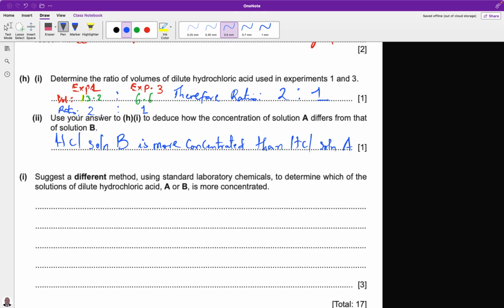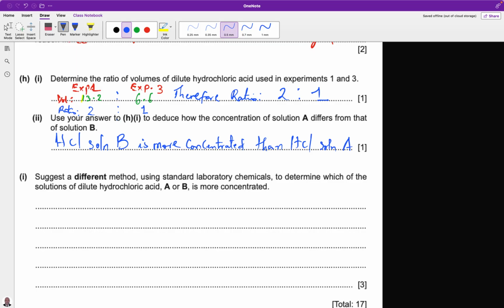The same way, if you look at the ratios, experiment 1 of A has 2, meanwhile that of experiment 3 has just 1. So we will need 2 of A to react with 1. In that case, 1 is more concentrated than 2.